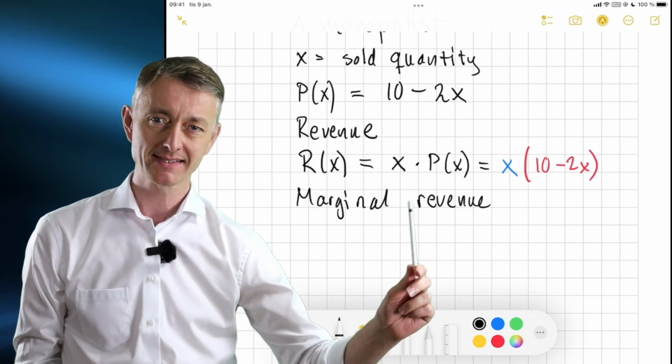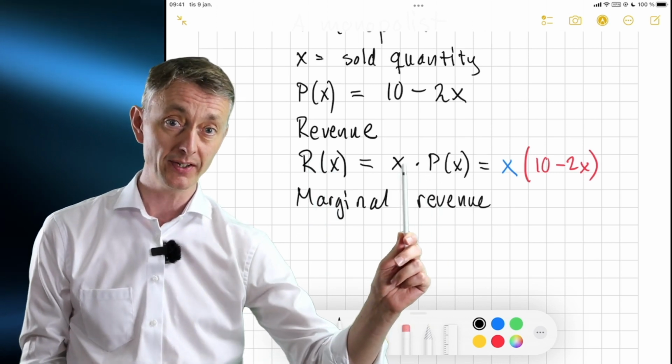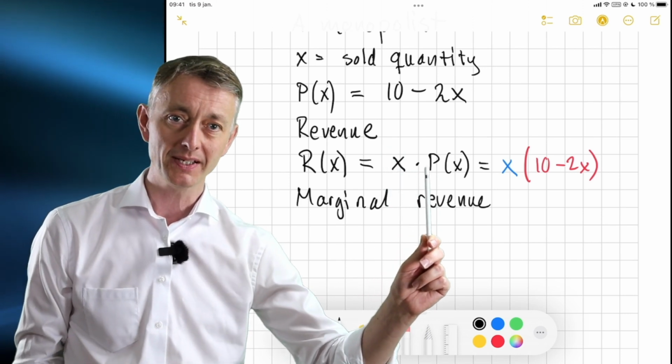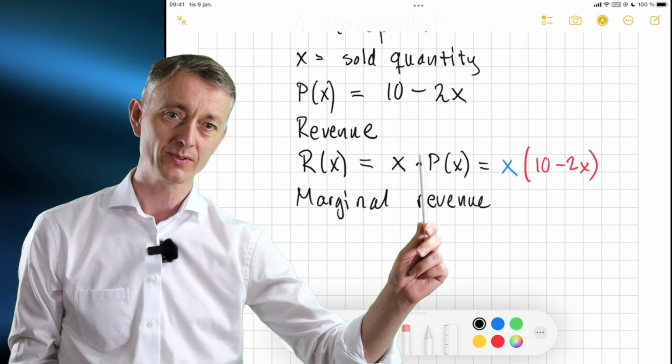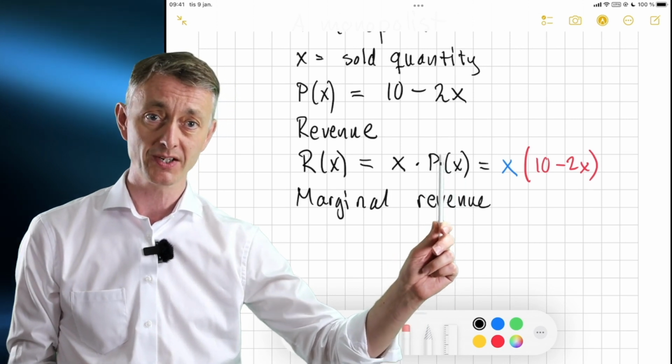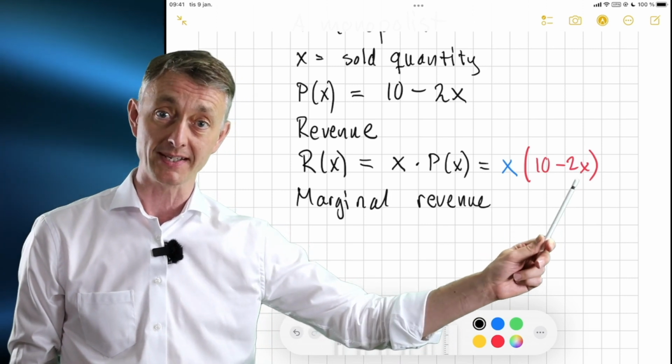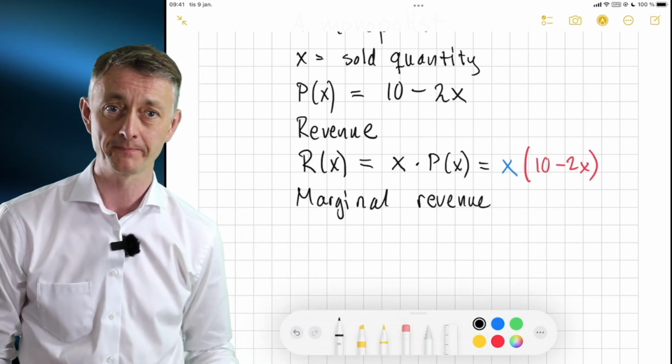And we can see that X comes in 2 parts here. Here it comes in positively. The more you sell, the more you should earn, right? But this is affected by also the price that it fetches in the market, and we can see from that equation that the more you sell, the lower the price. So there are 2 effects of X here.